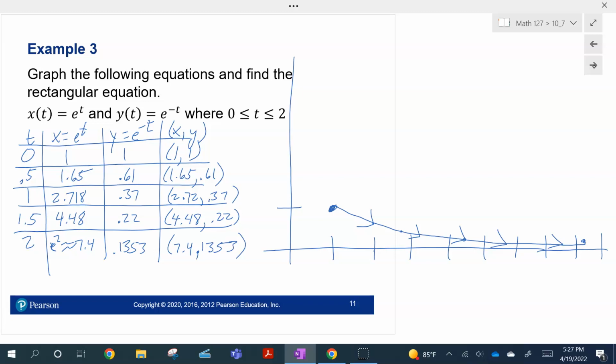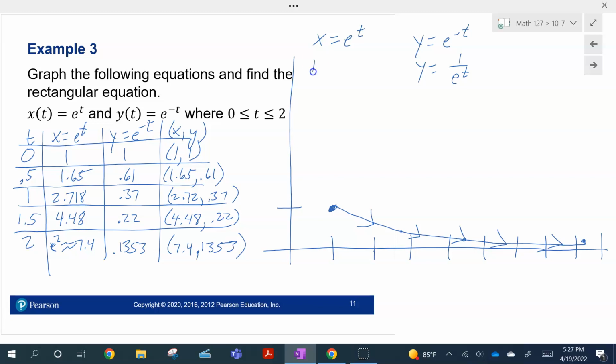Now, as for the rectangular equation, notice we have x equals e to the t. This is a little bit tricky, actually, and notice y is e to the negative t, in other words 1 over e to the t. So what I'm going to do here is take 1 divided by each side.